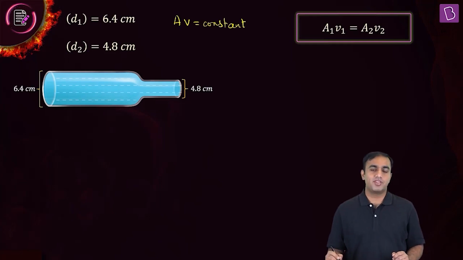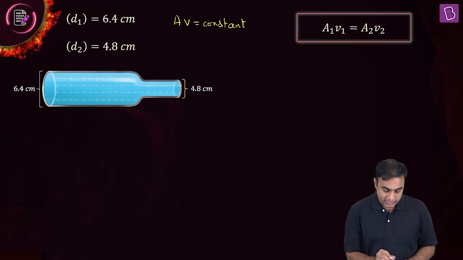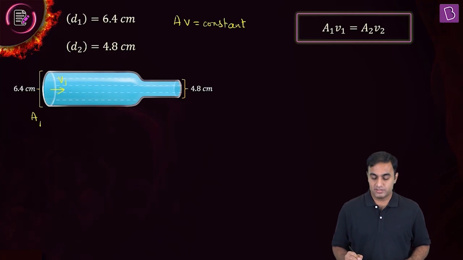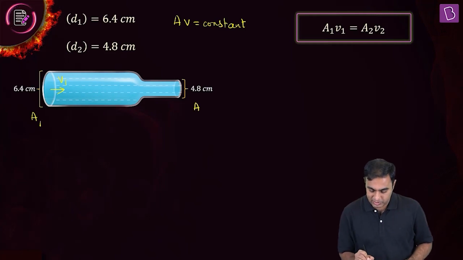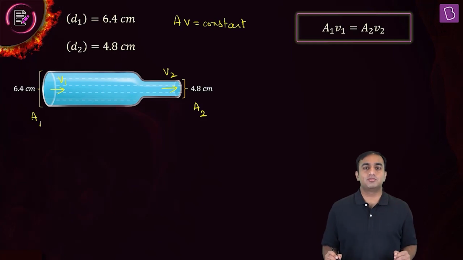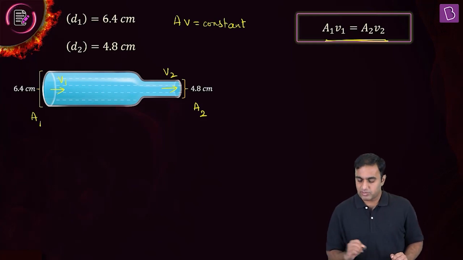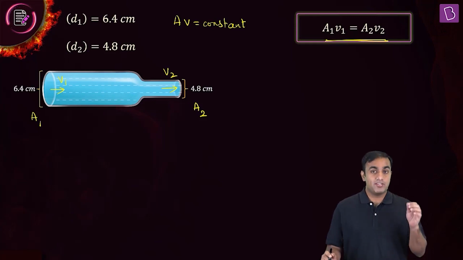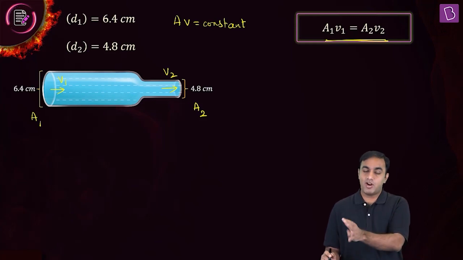In that case, if you look at both the ends of the pipe given to us and call the cross-sectional area here to be A1, the speed of fluid flowing through the pipe to be V1, then on the other side, the cross-sectional area to be A2 and the speed of the fluid here to be V2, we can write that A1 V1 must be equal to A2 V2. That's your equation of continuity. What is the interpretation of this? The volume inflow rate must be equal to the volume outflow rate.